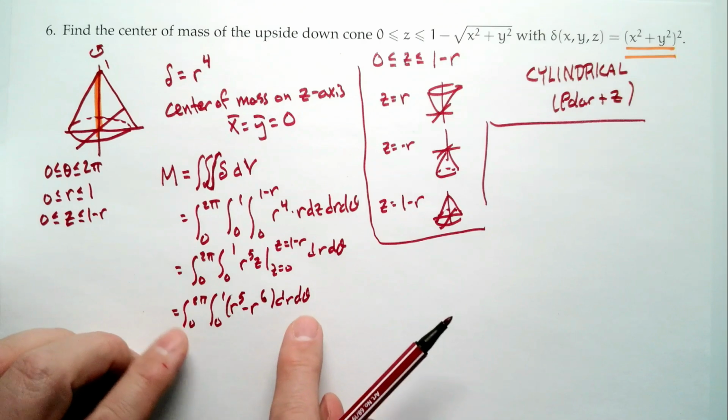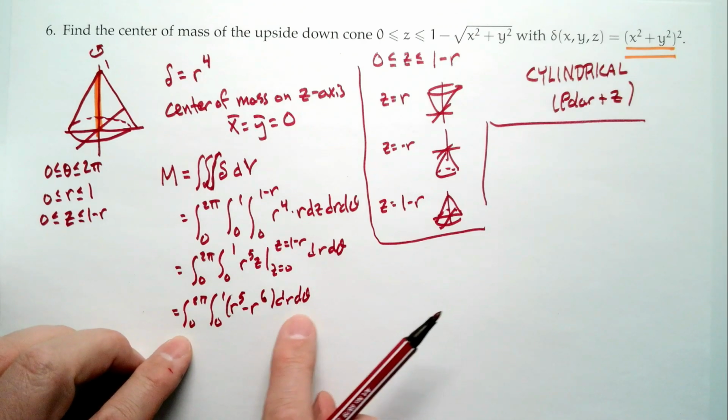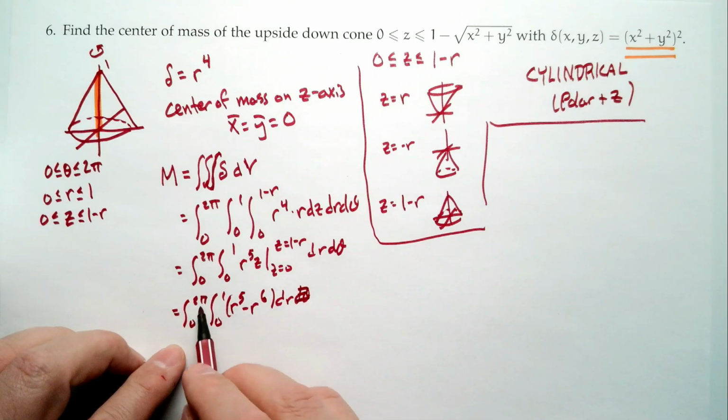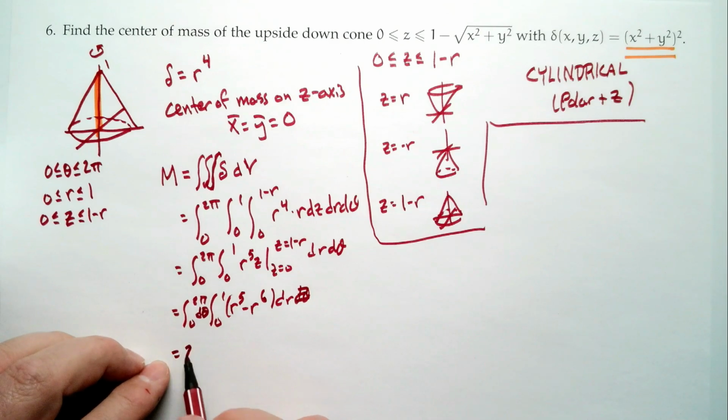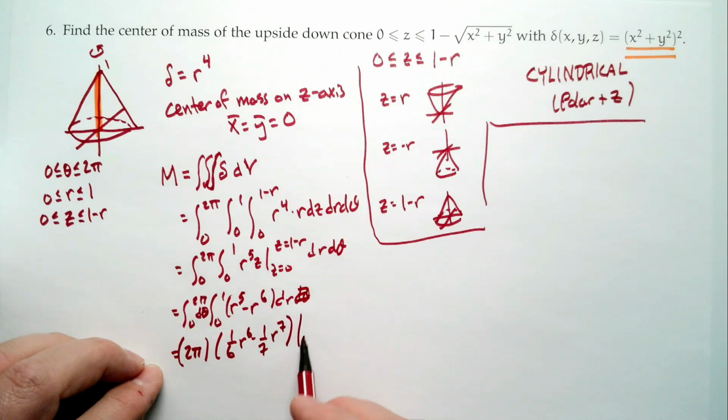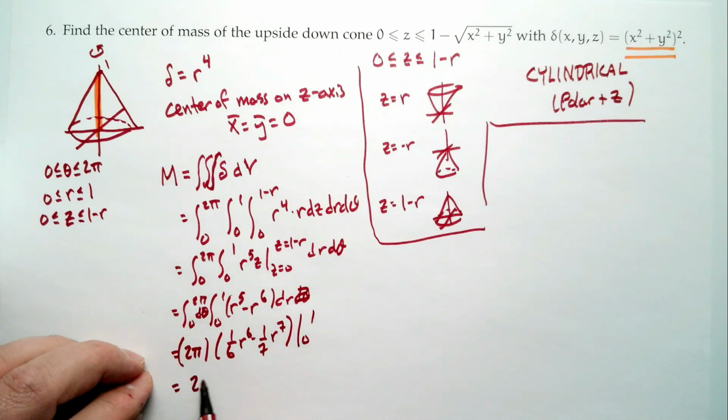And we can actually do the d theta integral separately, because there's nothing that depends on theta on the inside. We integrate the d theta integral, so I'll move the d theta over to here. That would be 2 pi. And then we're going to have 1/6 r to the 6th minus 1/7 r to the 7th, evaluated from 0 to 1, which becomes 2 pi.